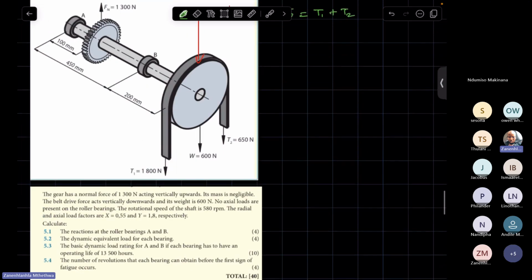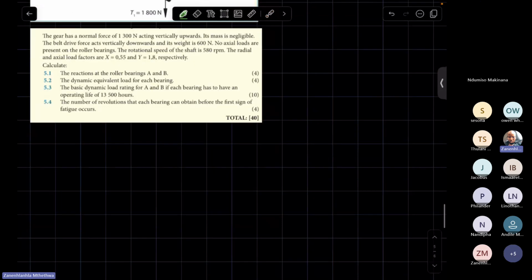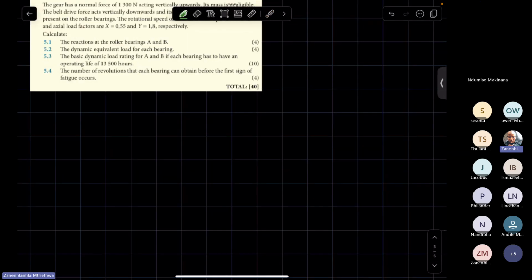So first, let us calculate the magnitude of the radial support at A, by taking moments about B. So this is 5.1.